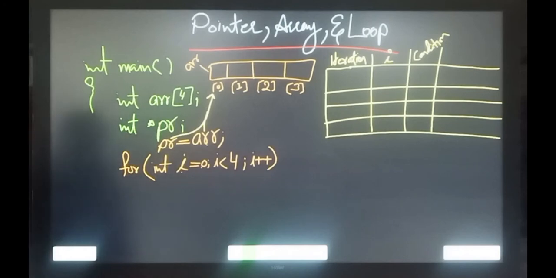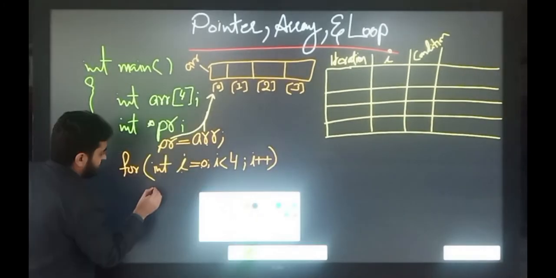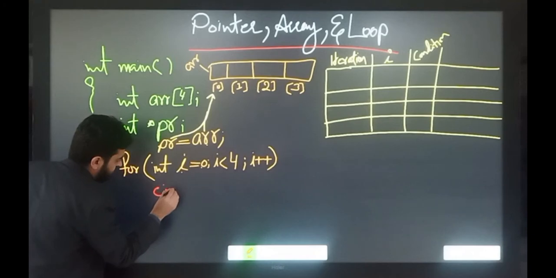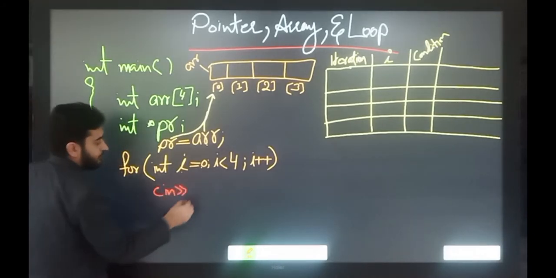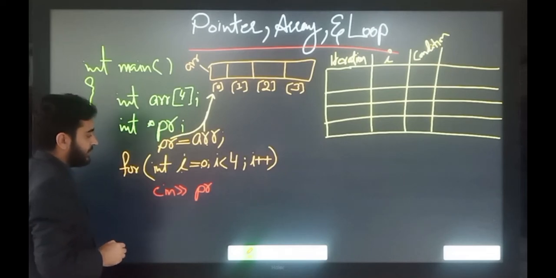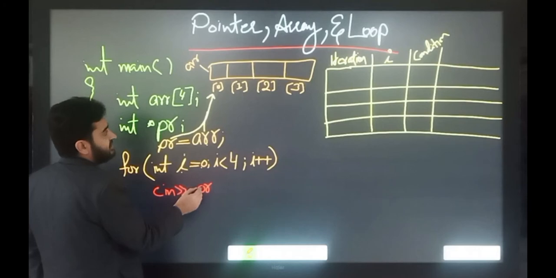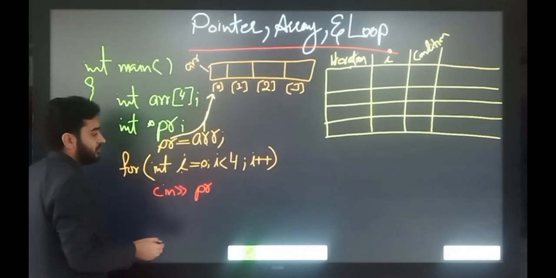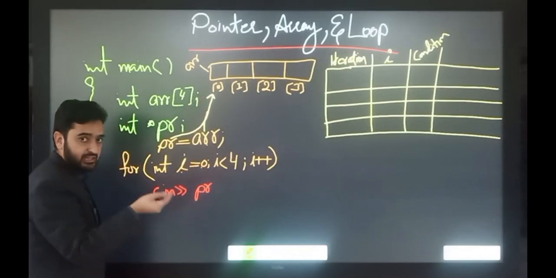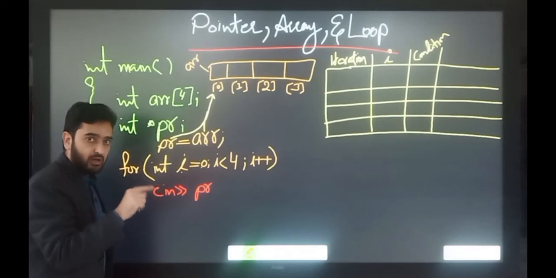Okay, so how can we access now through this PR the first element and initialize a value from the user? So let's see, cin PR. So what PR actually performs here is that we are accessing the address. Okay, so we are actually accessing only the address, but we want to initialize a value on the address.